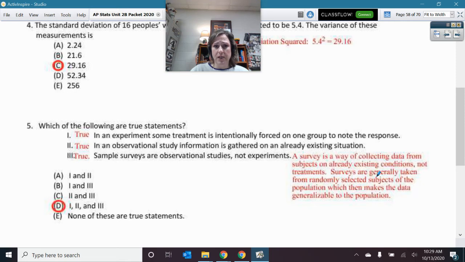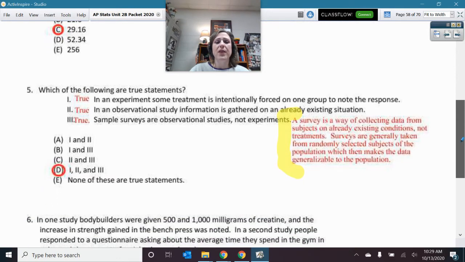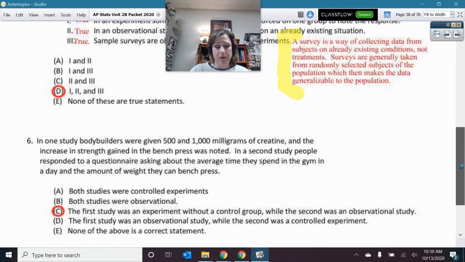My initial thought was, oh, I could do an experiment and then collect data from them. So I looked that up, and it said that surveys are generally taken from randomly selected subjects from the population. They are not forcing anything on you, you're just collecting data. So that was what made that one true.